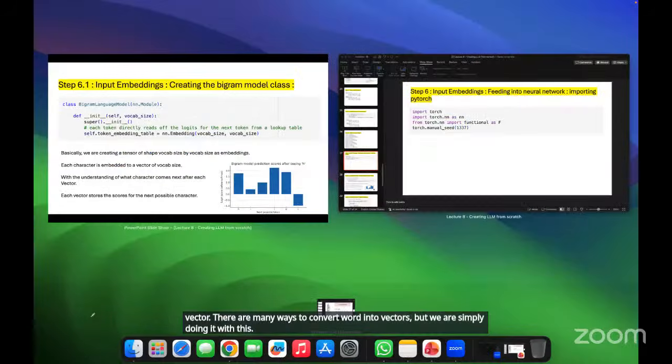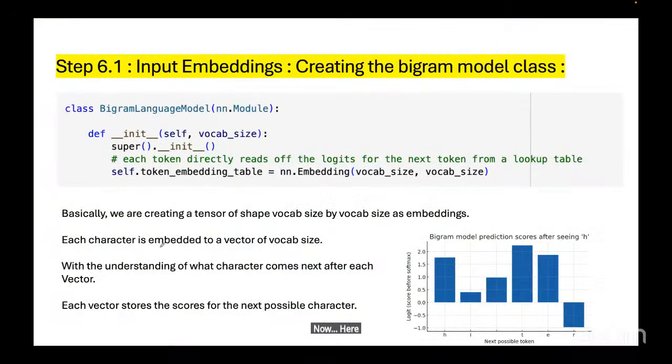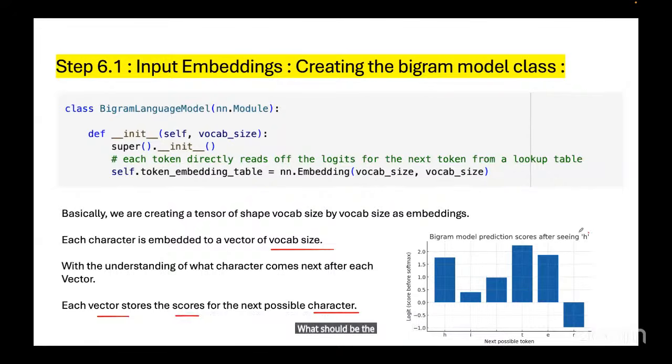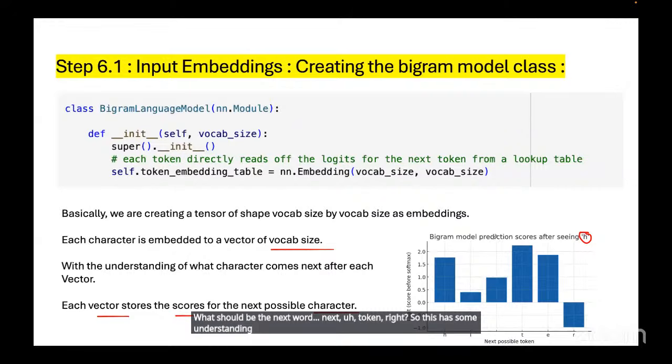Now, here, each character is embedded to a vector of vocab size, and each vector stores the scores for the next possible character. So basically what this vector represents is, after H, what should be the next token. So this has some understanding of the text now.